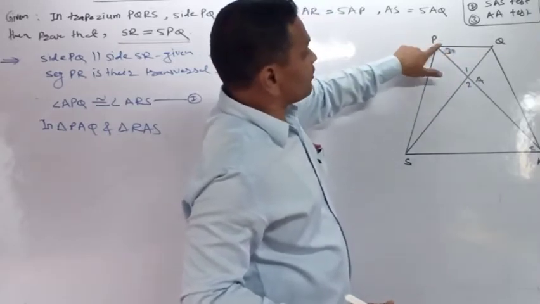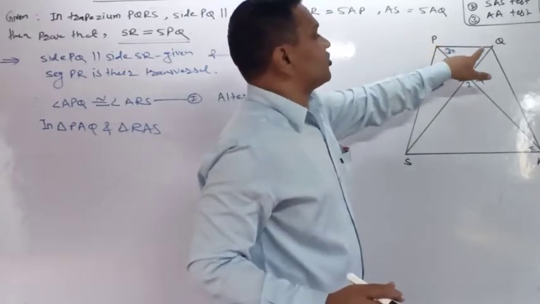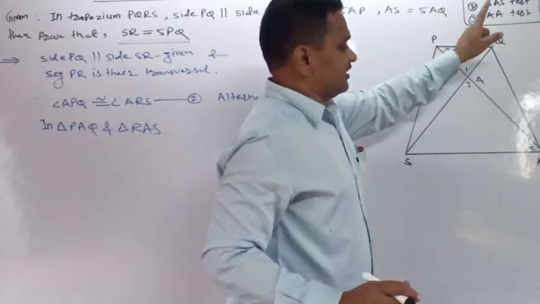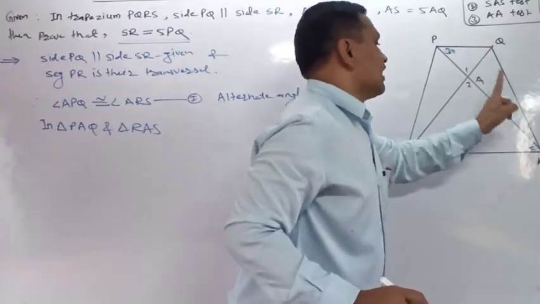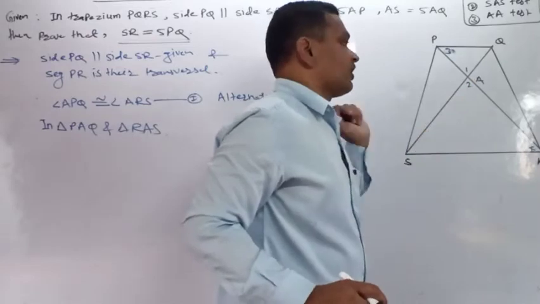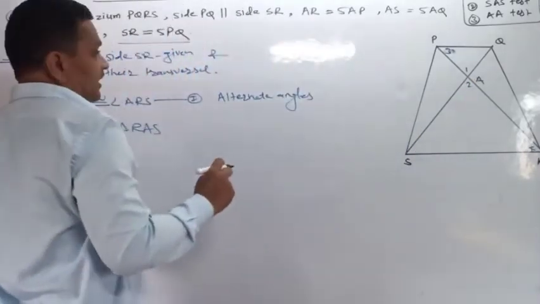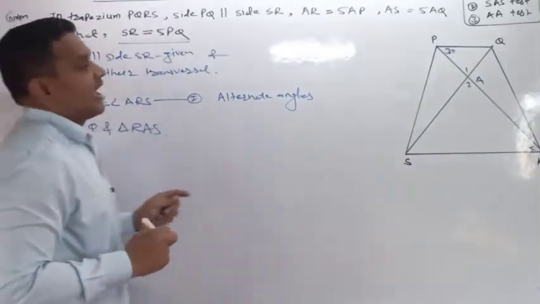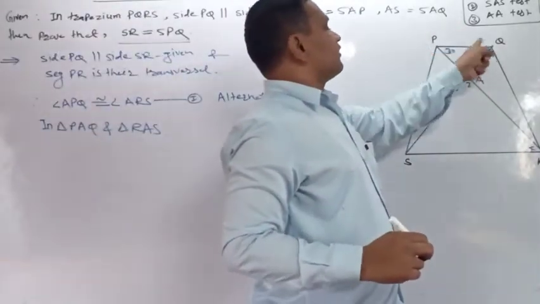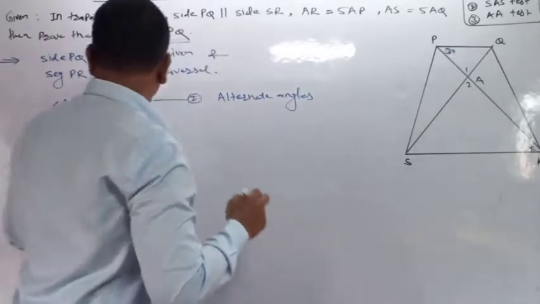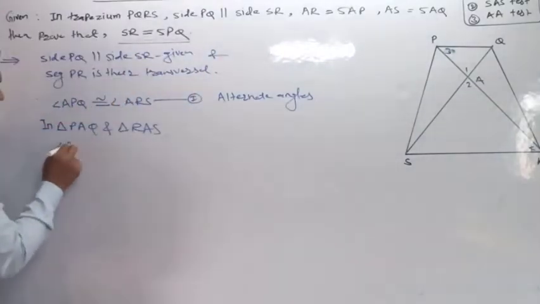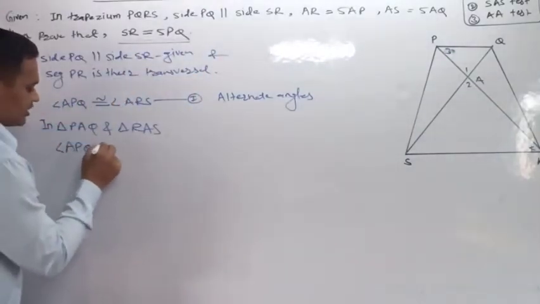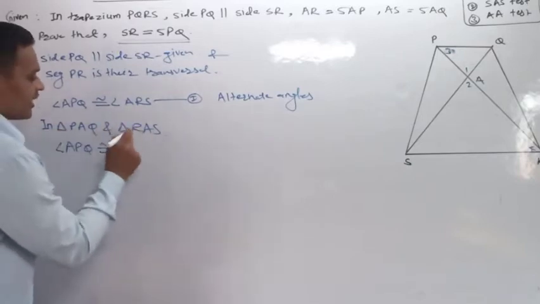Because corresponding angles are vertically opposite and congruent. Now in triangle PAQ and RAS, angle APQ is congruent to angle ARS.